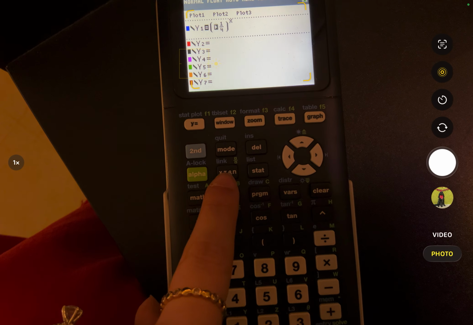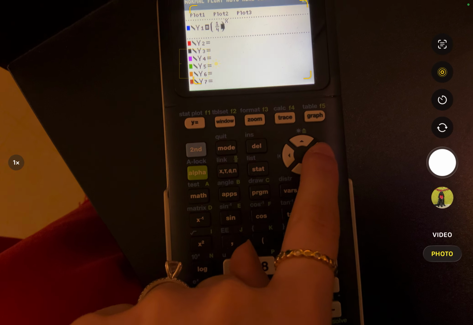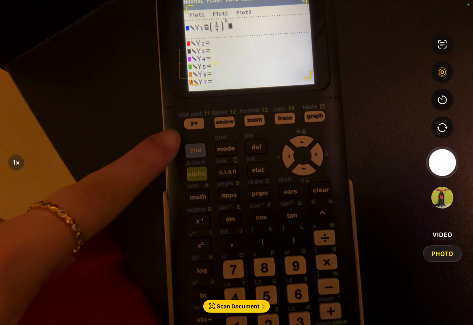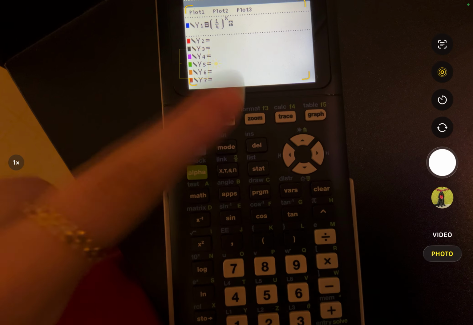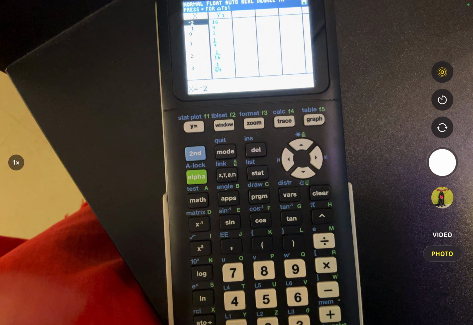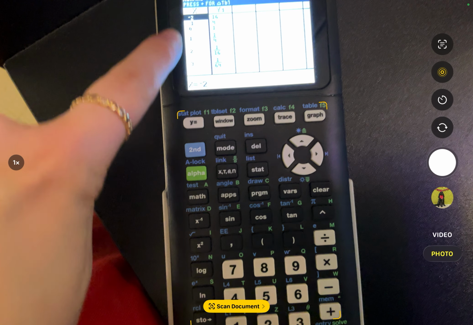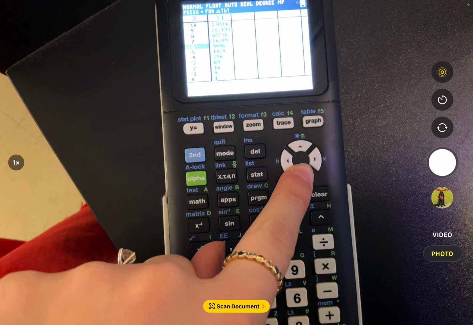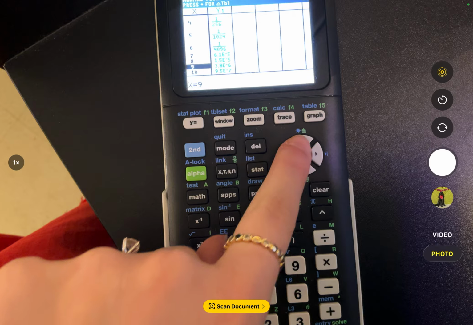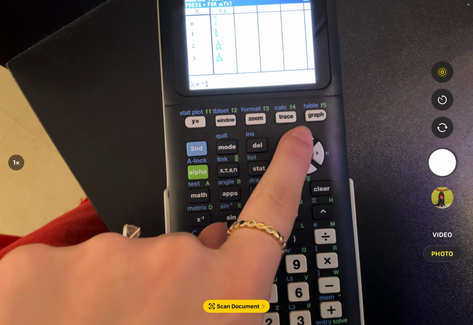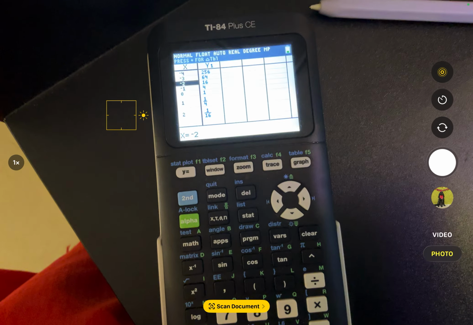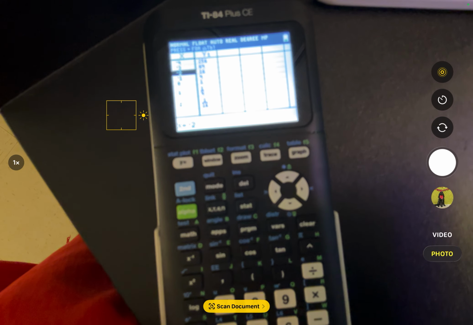Type it in exactly like it's written on your paper. Then you do second graph, and it will give you the full table. If you scroll up or down, it gives you every single value in there. So we can use this full table to do all of those things.